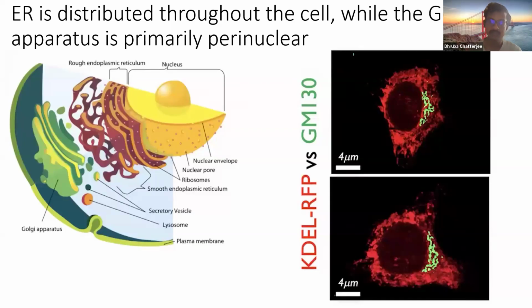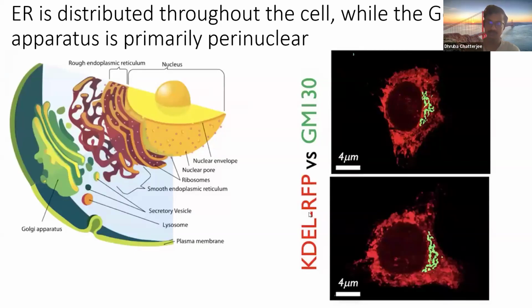And how do you see this? Basically, both these cells are expressing a protein which is referred to here as KDEL RFP. RFP is a red fluorescent protein, but by molecular biology techniques, you have added a four amino acid sequence to the N terminal of this RFP. Those four amino acids are KDEL.